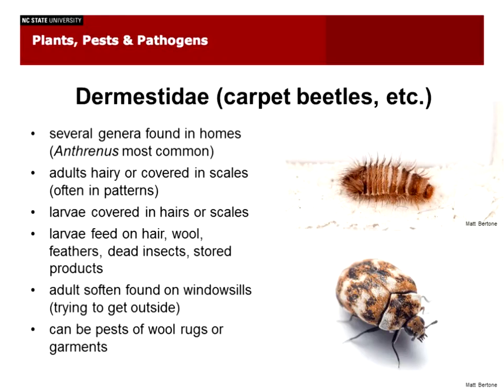The adults are hairy typically or covered in scales. These patterns right here are actually very small scales that make up the body clothing, basically, and they're often in patterns. Now, the larvae are also very often covered in hairs, specialized hairs too, that help protect them from predators.